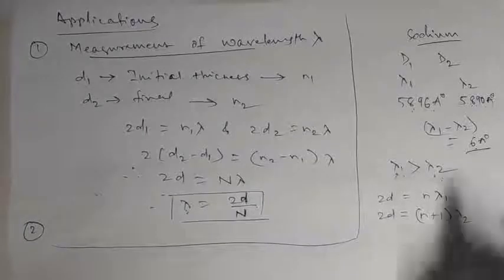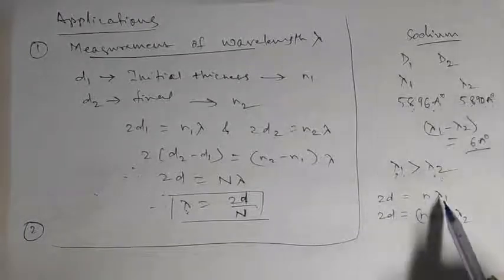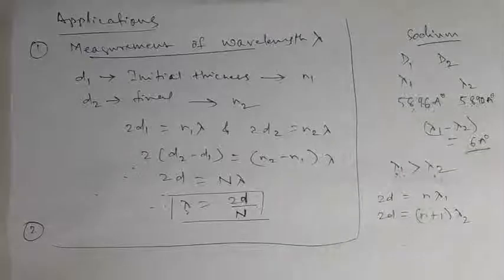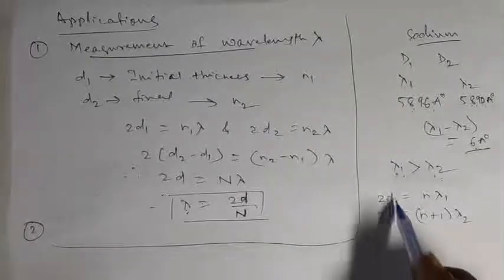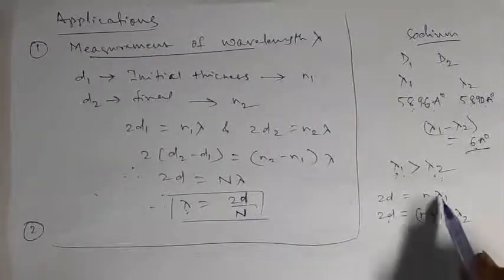Lambda 2 means shorter wavelength, lambda 1 is longer wavelength. So we can obtain these two equations.